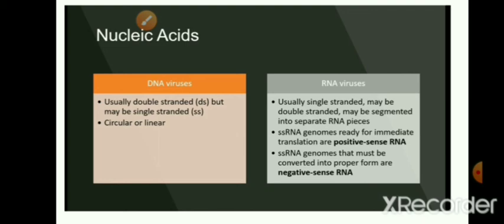RNA genomes ready for immediate translation are positive sense RNA, and RNA genomes that must be converted into the proper form are negative sense RNA. We said that DNA viruses are double stranded, except parvovirus. In this exception, parvovirus has single stranded DNA.